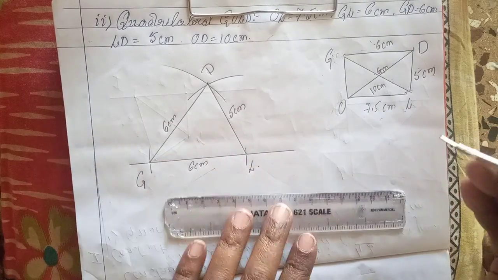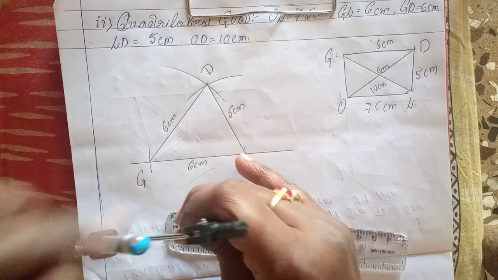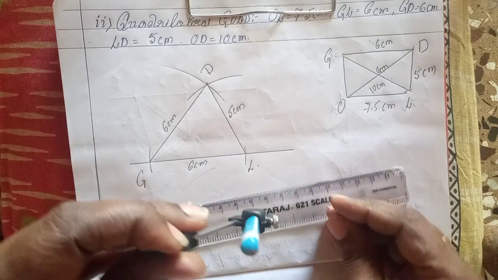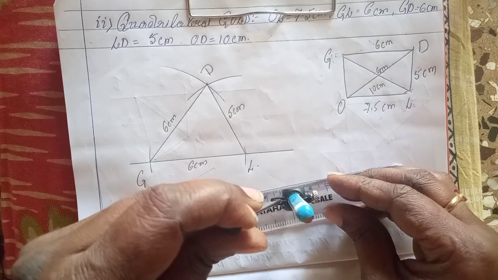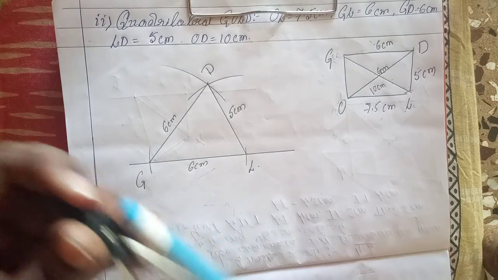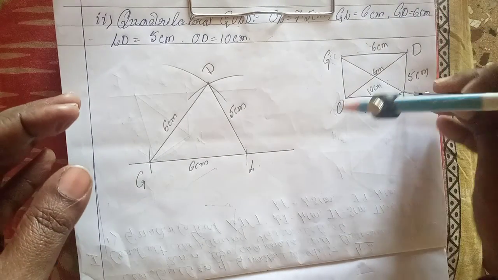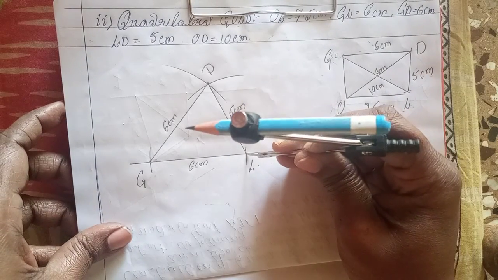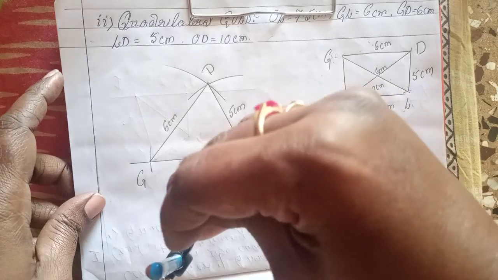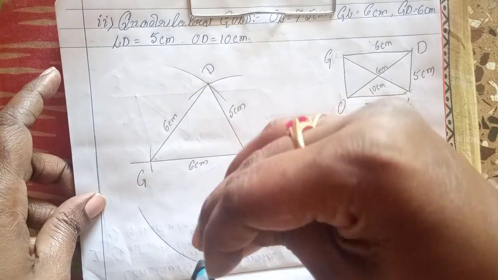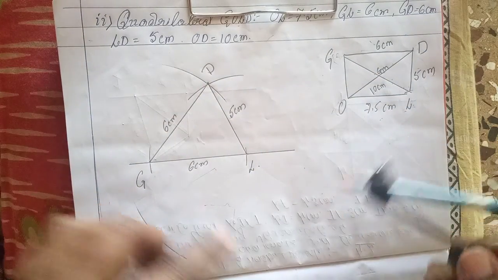First make this 7.5 centimeter arc. From L we are cutting the arc like this, 7.5 centimeter.